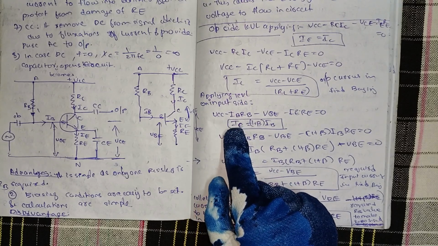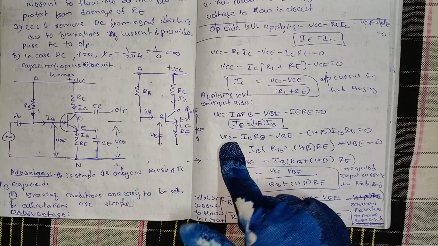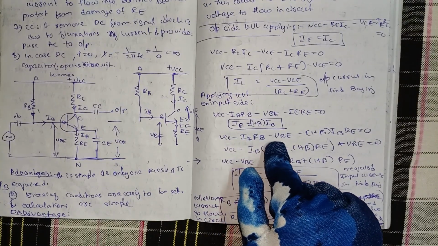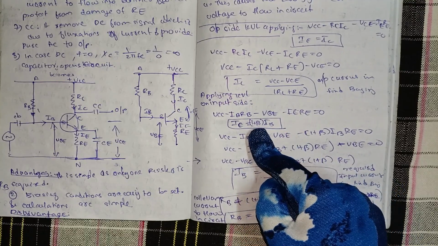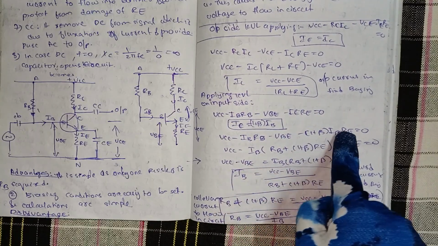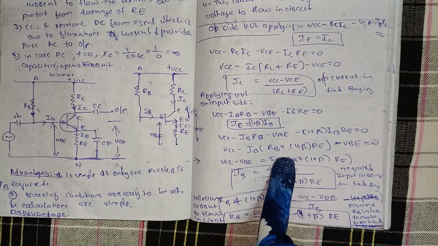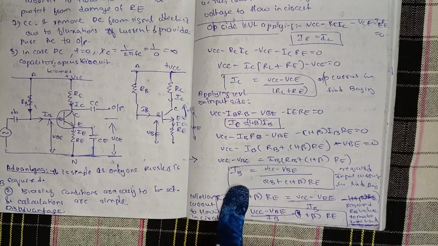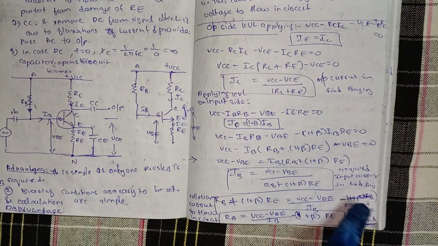Then we know the formula, IE is equal to 1 plus beta into IB, so we substitute it: VCC minus IB RB minus VBE minus 1 plus beta into IB times RE. Then IB is taken common, RB plus 1 plus beta RE. Then the equation for IB is IB equals VCC minus VBE by RB plus 1 plus beta RE.